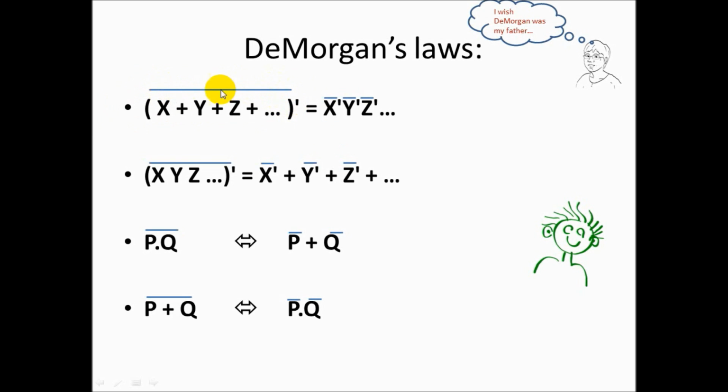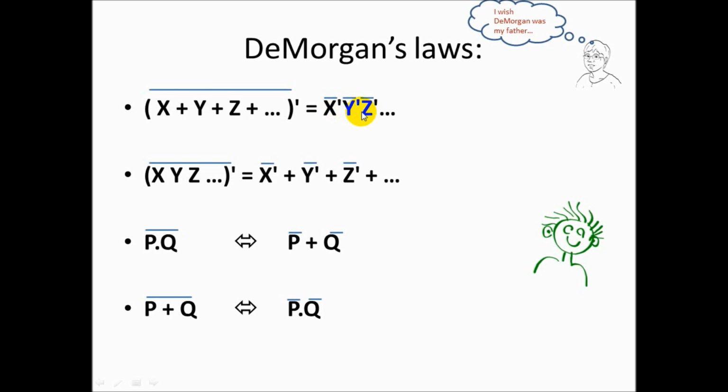If ever you see that little apostrophe, it means the whole thing takes a bar. That one there next to the letter means the letter takes the bar. This, x or y or z, inverted, means exactly the same as inverted x and inverted y and inverted z.